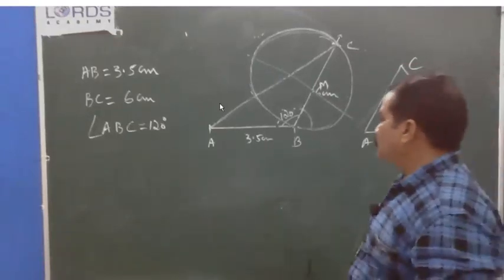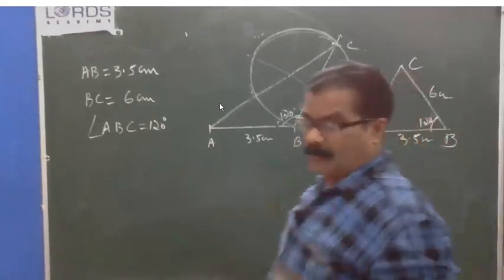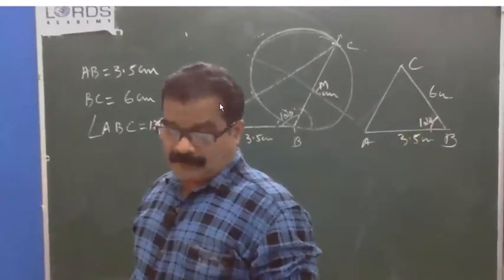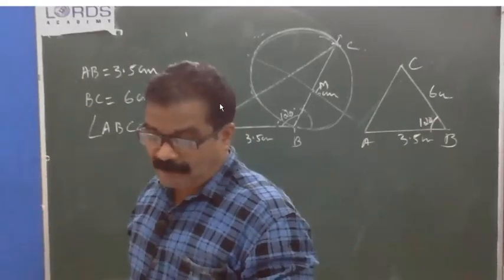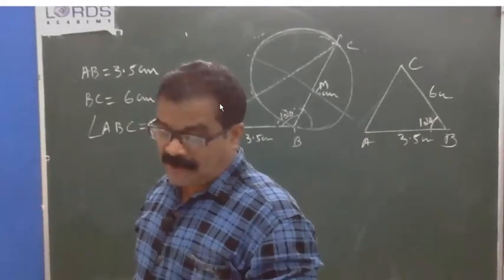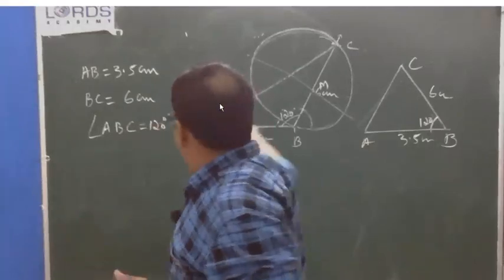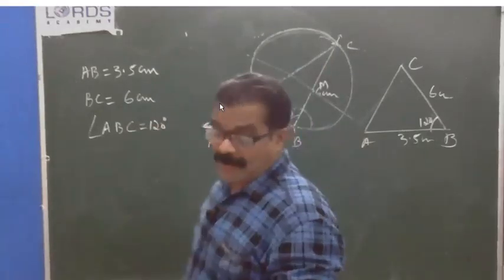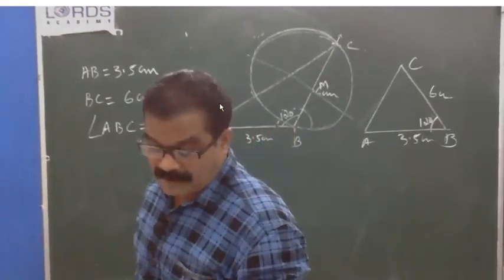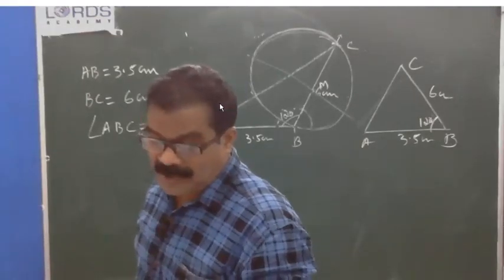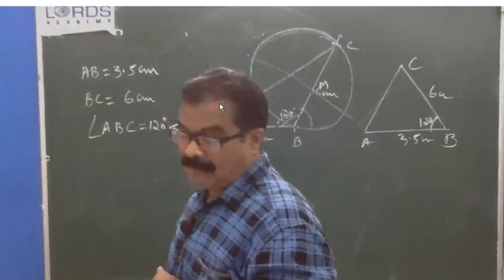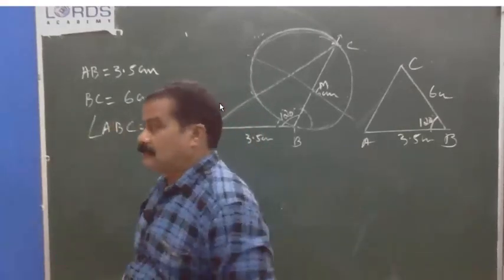The next is, in the same question they will tell us to find a point P on the circumference of the circle, such that it is equidistant from AB and BC. What is the meaning of that?